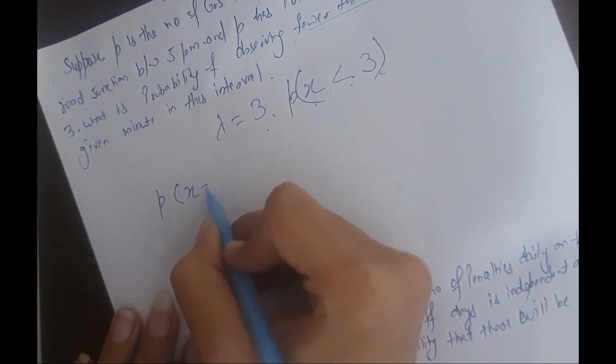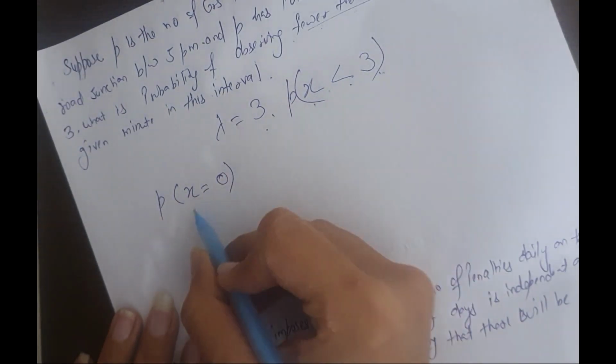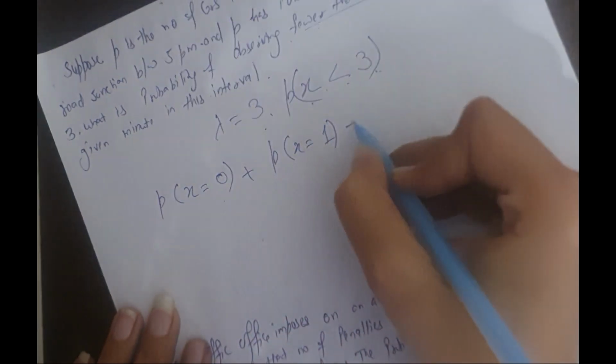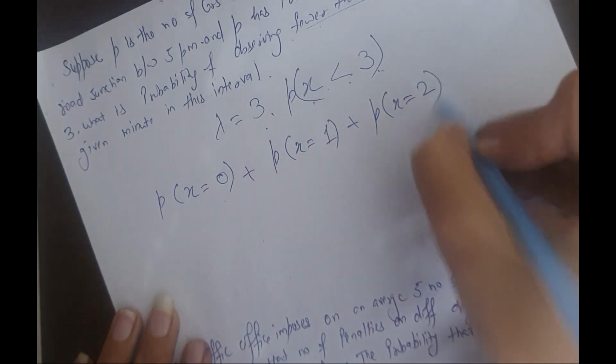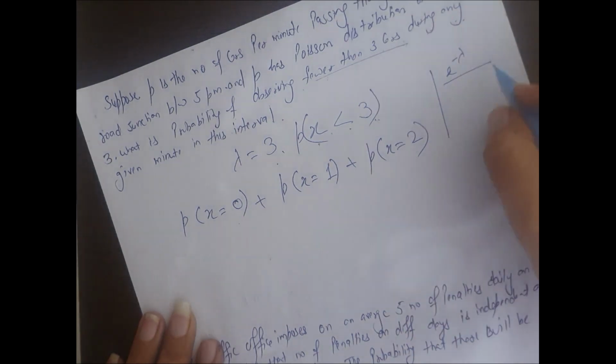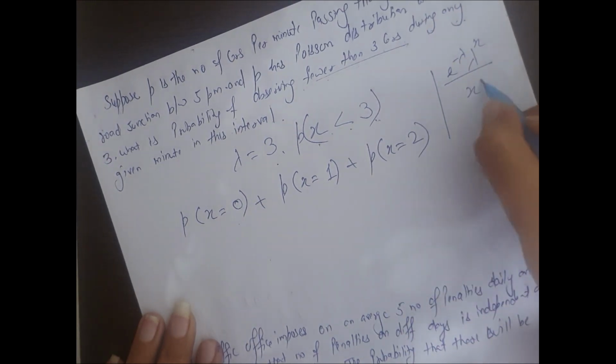How do we find it? Probability is equal to probability of x equal to 0 plus probability x equal to 1 plus probability x equal to 2. The formula is exponential minus lambda, lambda to the power x upon x factorial.